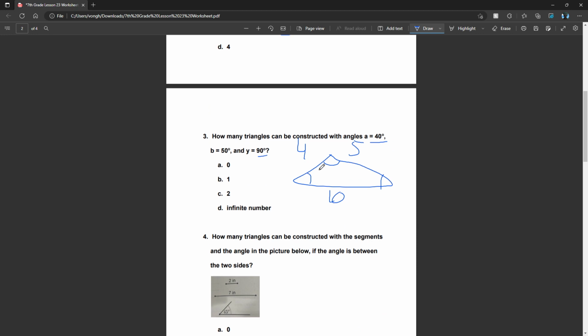For 3, can a triangle be constructed with 40, 50, and 90? All you have to do is add all of them together. 40 plus 50 plus 90, and if it equals 180, then that's a triangle. 40 plus 50 is 90, plus 90, that's 180.